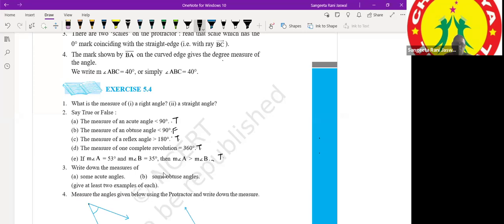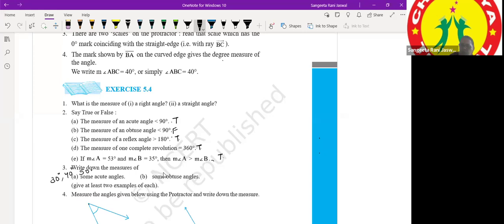Write down the measures of some acute angles. Any measure, 30 degrees, 50 degrees, 60 degrees, any measure you can write, no? It should be below 90 degrees, right? Now, can you write the measures of some obtuse angles?